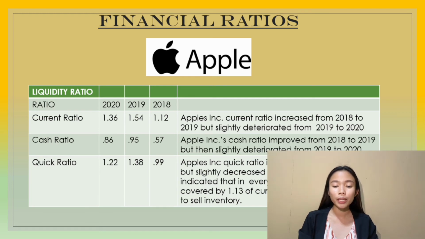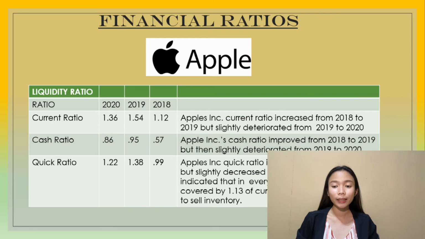Quick ratio of more than one means that the company owns more assets than its current liabilities. So as to Apple, again, Apple's quick ratio increased from 2018 to 2019, but slightly decreased from 2019 to 2020.